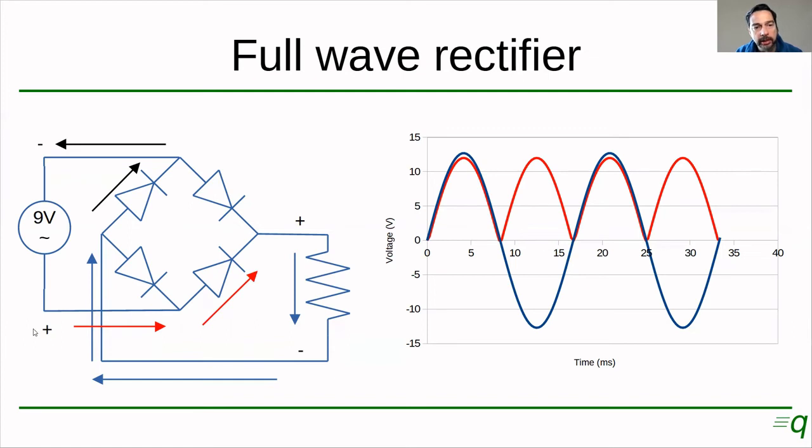Now that the polarity has been reversed, current is flowing through this diode, through the resistor in the same polarity, and then through this diode back to the source. So this circuit is called a full wave rectifier, and it makes current flow through the resistor during both the positive and negative half cycle of the wave. And that's why it's called a full wave rectifier.